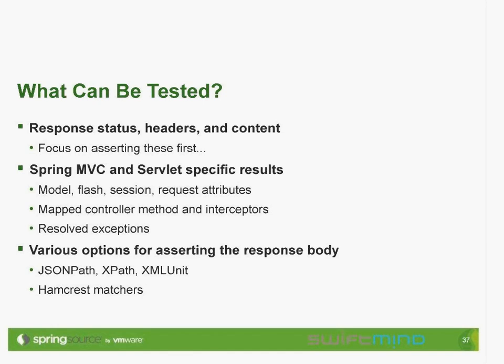So for example, we can test what the content of the model is, and what flash attributes were created. We can prepare some input flash attributes, and see what session and request attributes are available. We can also verify which controller method the request was mapped to, what kinds of interceptors were there, any exceptions raised and resolved using a HandlerExceptionResolver, and so on.